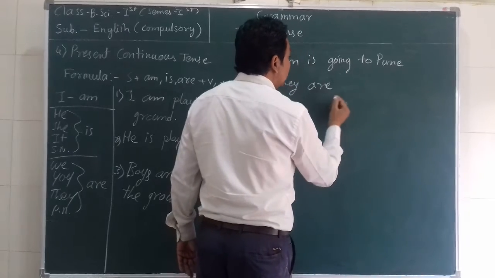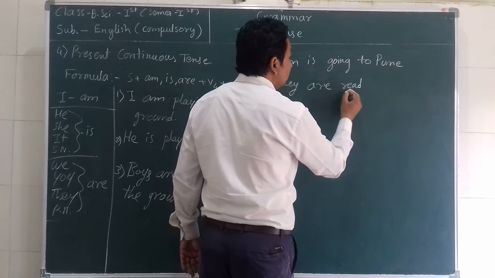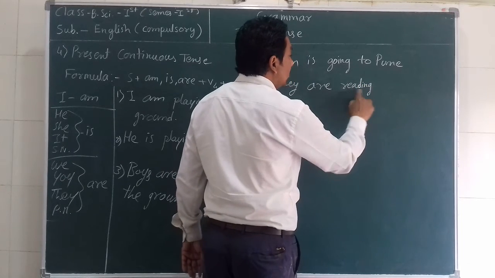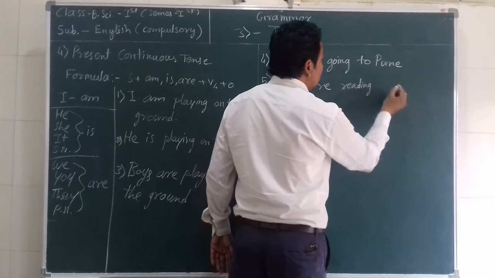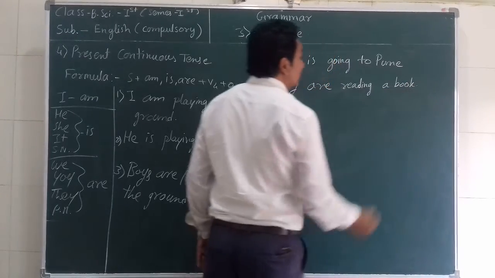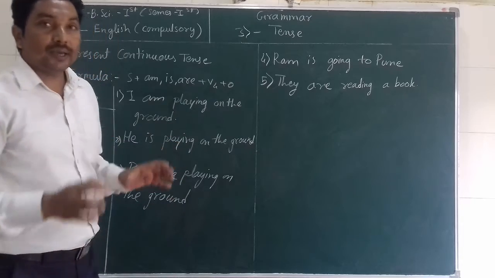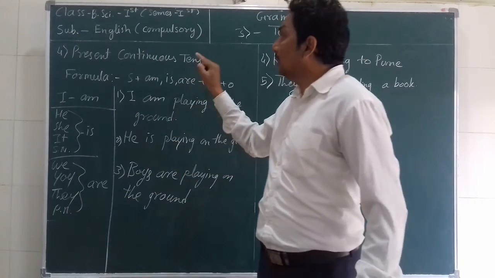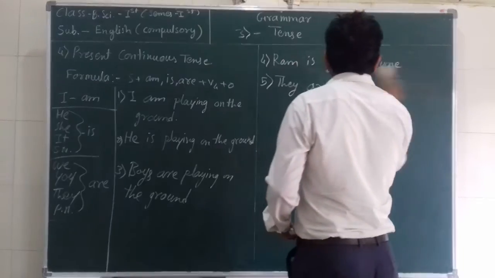If I want to take the verb read, what is the fourth form of this verb? We need to use the ing suffix, then it automatically becomes the fourth form of that verb. It is reading. So what are you reading? A book. A book, it is the object. They are reading a book. So in this way, we can create or write sentences in present continuous tense. Now next slide.